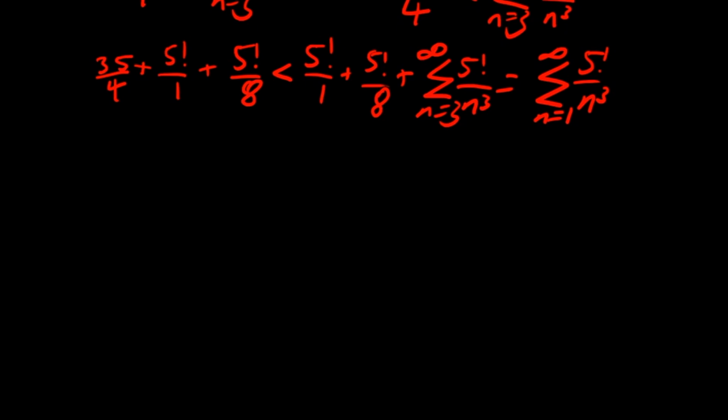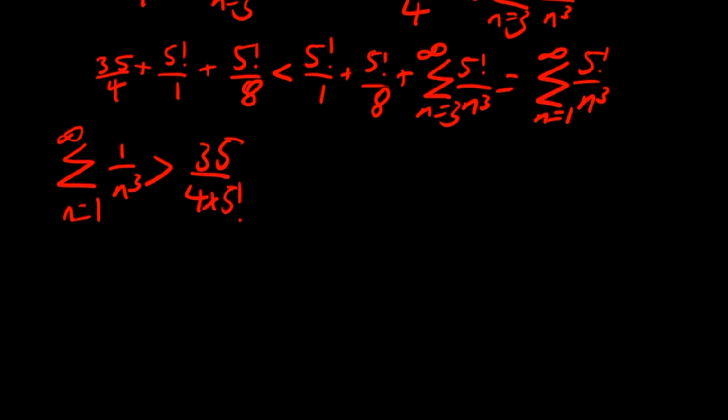So this will give us that the sum from n equals 1 to infinity of 1 over n cubed is greater than 35 over 4 times 5 factorial plus 1 plus 1 over 8, which is equal to 115 over 96, which is the left-hand side of the inequality.